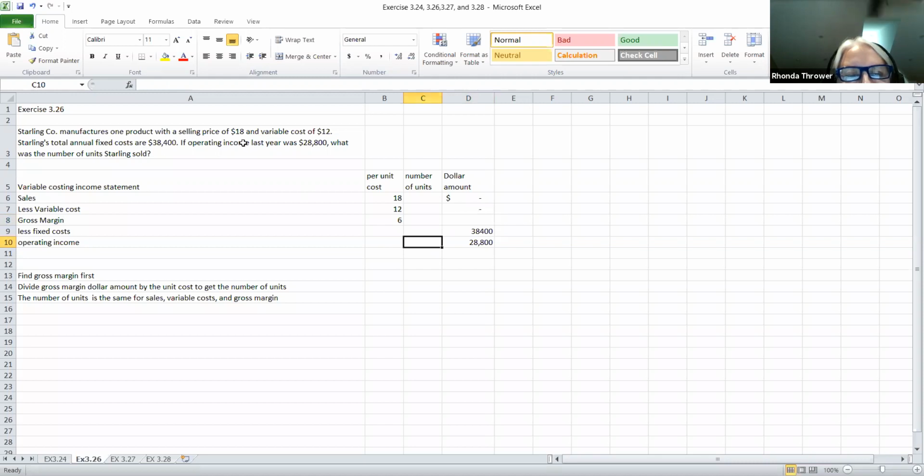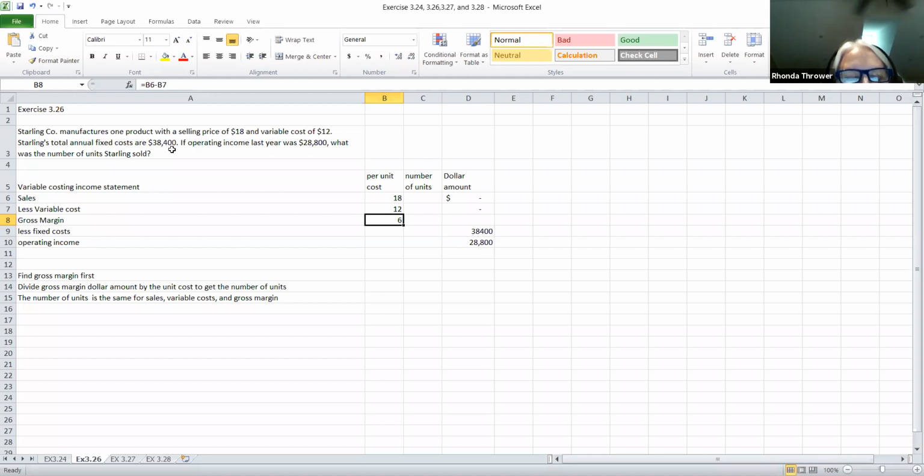So what was given to us was the selling price per unit. One product has a selling price of $18. Your variable cost per unit was $12. And what you have to find is gross margin. And to find gross margin, what we would do is we'd take our selling price and subtract the variable cost from that, and that will leave us with our gross margin. Our fixed cost were $38,400.